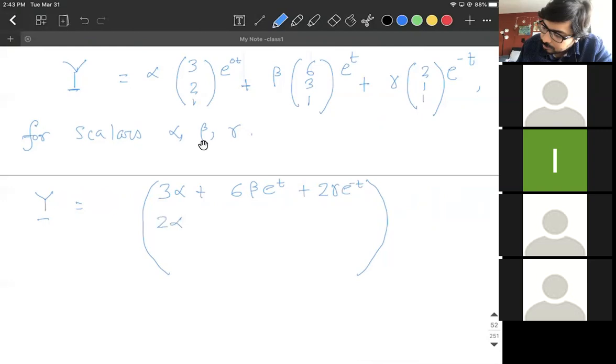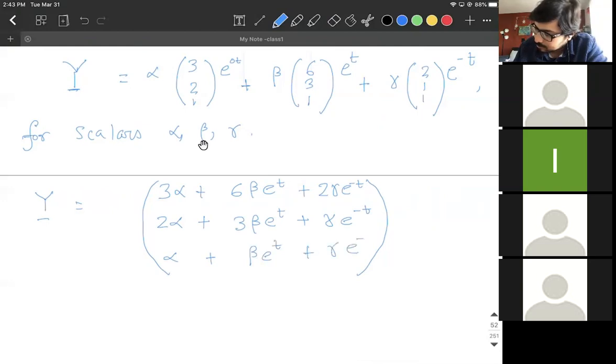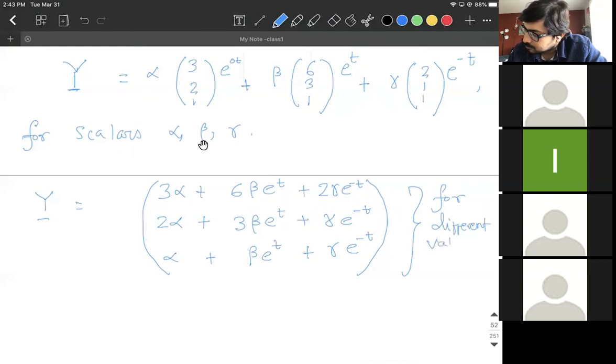Then 2 alpha plus 3 beta e to the t plus gamma e to the minus t. And the last row is alpha plus beta e to the t plus gamma e to the minus t. So this is the general solution for different values of alpha, beta, and gamma.